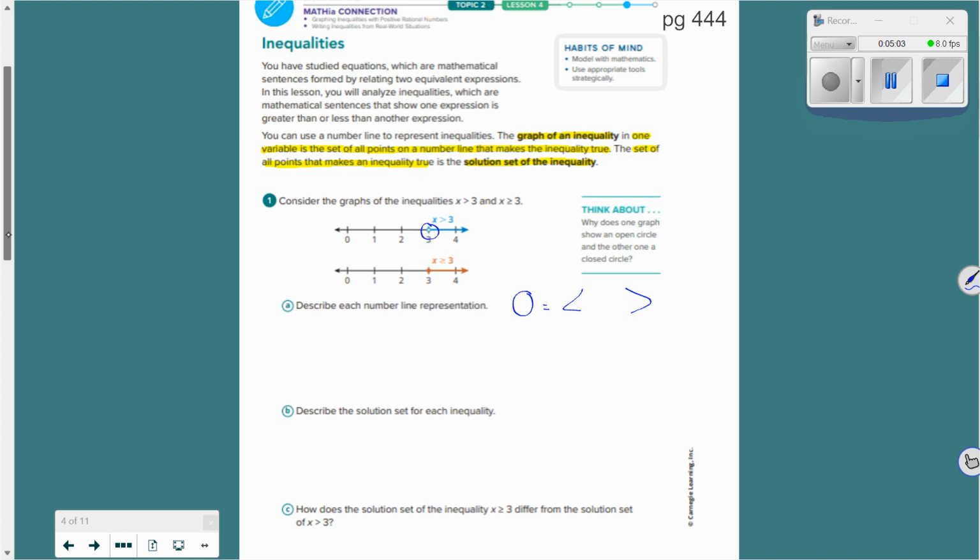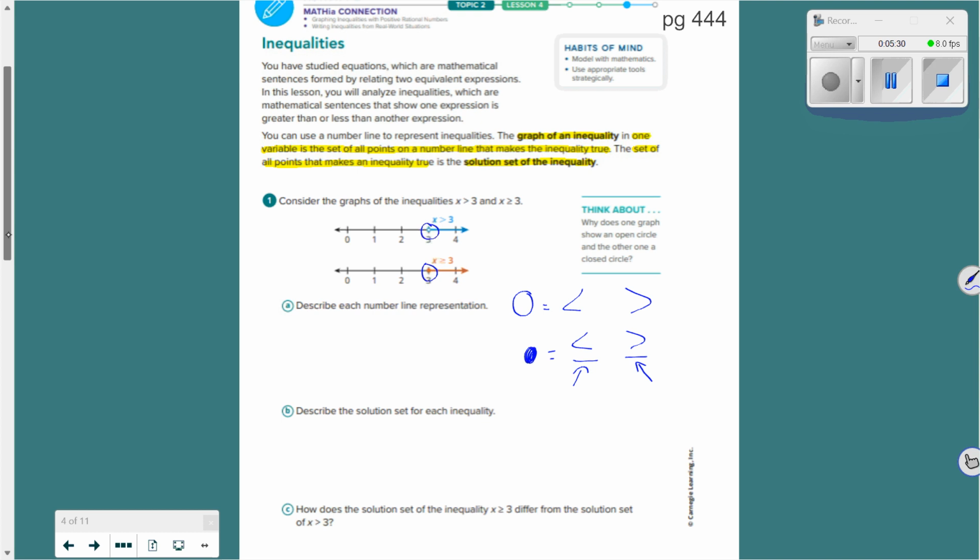On our second one, you'll notice the dot is closed. Why? Because a closed dot means it's less than or equal to or greater than or equal to. It's the second part of the inequality that makes the difference. Because now, if I put that number in there, is 3 greater than or equal to 3?